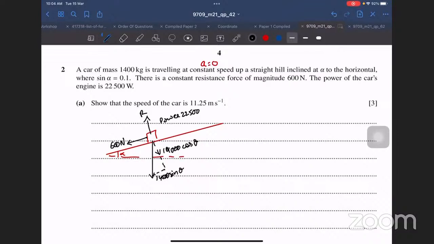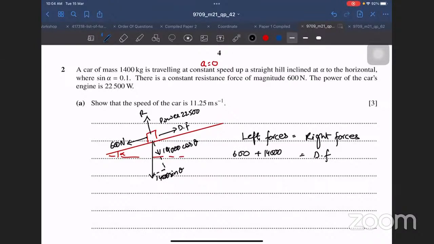Okay, if the acceleration is 0, that means that the left forces must be equal to the right forces. The right force is the driving force. Let's call that dF. And the left forces are 600 plus 14,000 sine alpha.